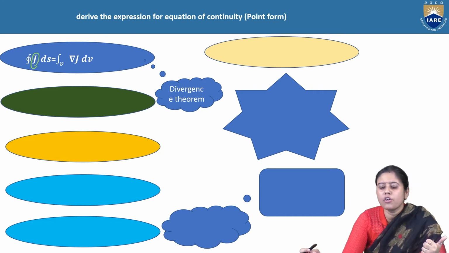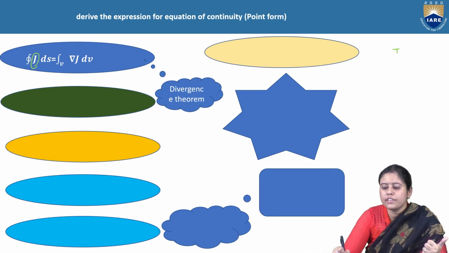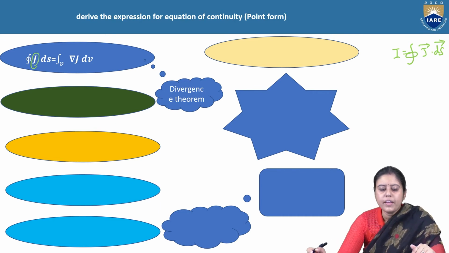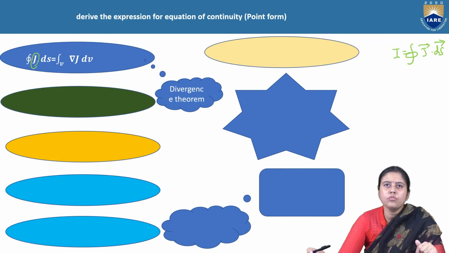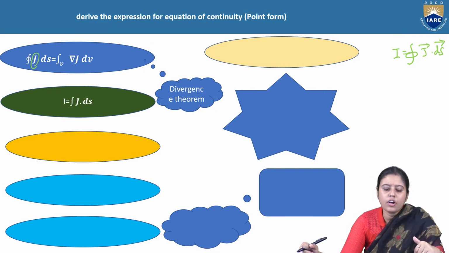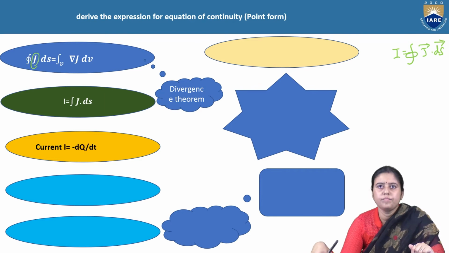Already we got in the previous slide I is equal to the integration of J dot ds. Now we are just writing the J dot ds as grad dot J dv, because we already got this equation.